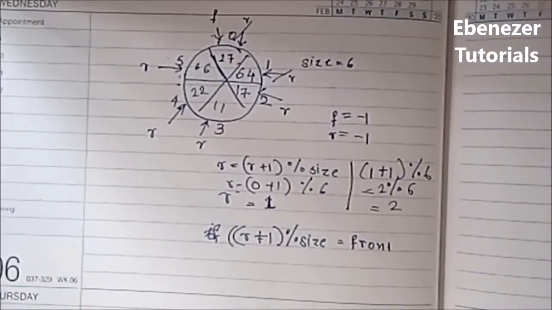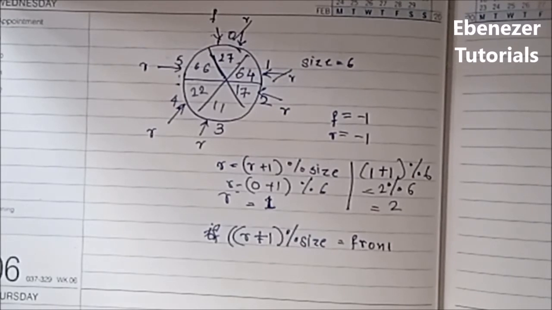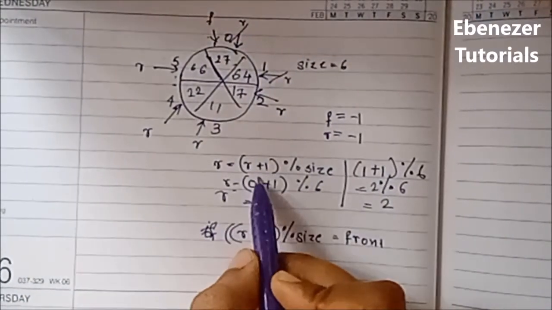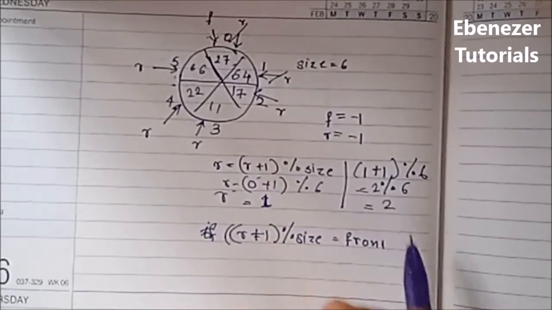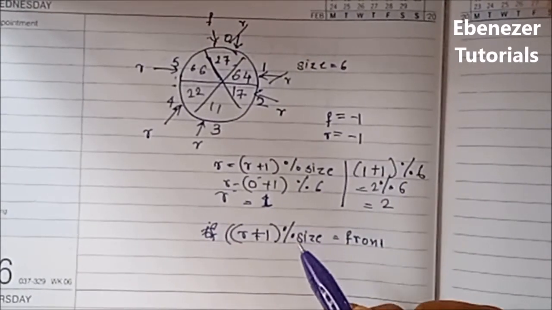So what did we see in NQ operation? We saw if the queue is empty, front and rear would be pointing to minus 1. Also we saw while inserting, if it is the first element, we set both front and rear to 0 and we insert the element. And if it is not the first element, we simply increment the value of rear with this formula, which is rear plus 1 mod size, and then insert the element into our queue.